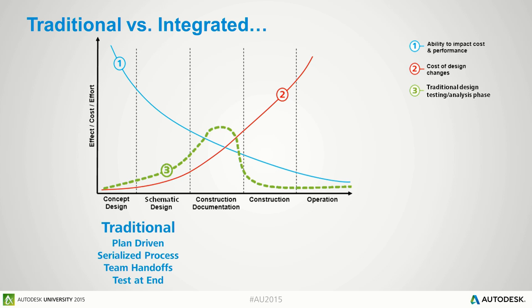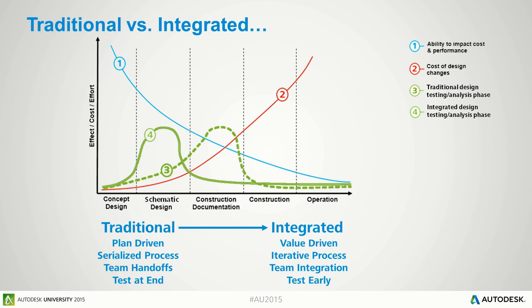So in the typical traditional model, analysis is often done later in the design process as you're approaching the end of DD and construction documents when you know a lot about the model. So an input-driven process, that's the time where a lot of people are doing analysis. But it's also the time when it starts to get expensive to make changes based on those analysis results. So the integrated model says that we should start doing analysis earlier in the project.